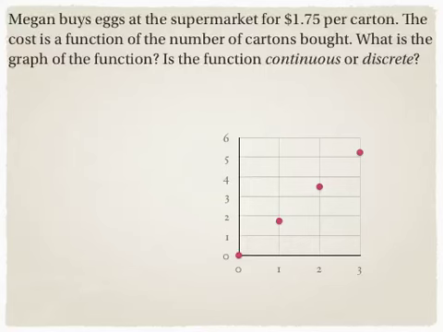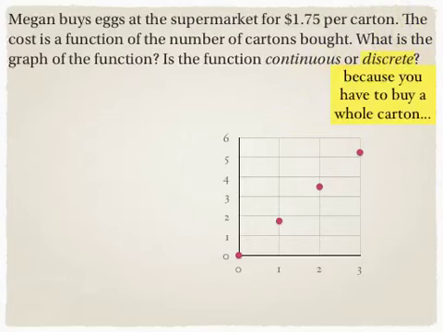That's not the way that it works at the supermarket. You're either going to buy 1 carton, 2 cartons, 3 cartons, or 4 cartons. There's no in between. You're not going to be able to buy 1.5 cartons or 1 3/4 cartons of eggs. So in this case, it would be a discrete graph because you have to buy a whole carton.